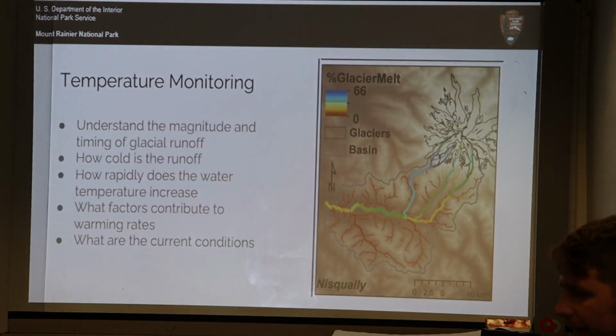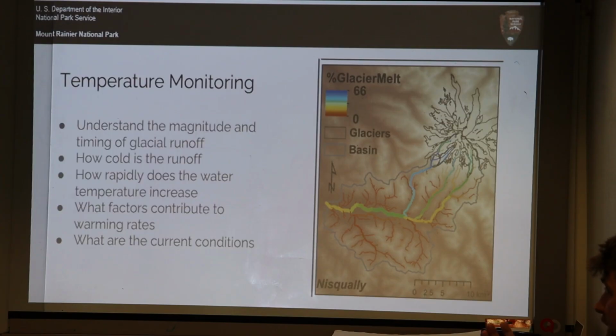And then I will finish off with a little bit of temperature monitoring. Like I was talking about earlier, glacial melt is very influential within the basin. We're using different temperature loggers throughout the different drainages, all throughout the park. We probably have close to 40 different sites on all sorts of different sizes of tributaries, from the main stem of the White and the main stem of the Carbon to a lot of the smaller spawning tributaries of bull trout.